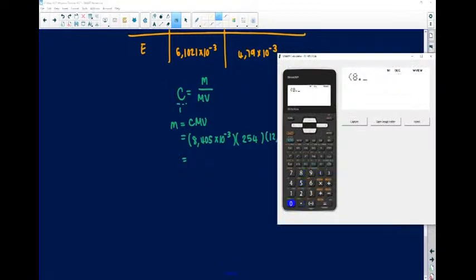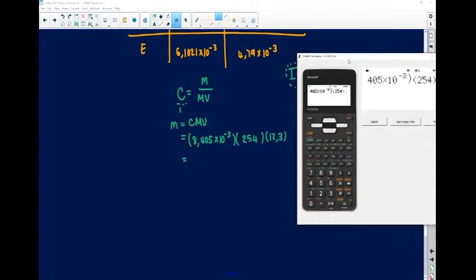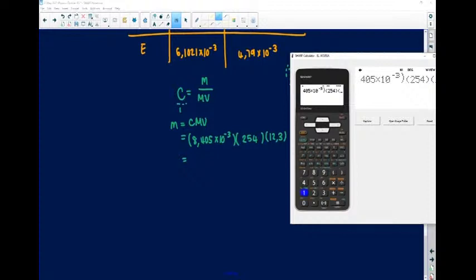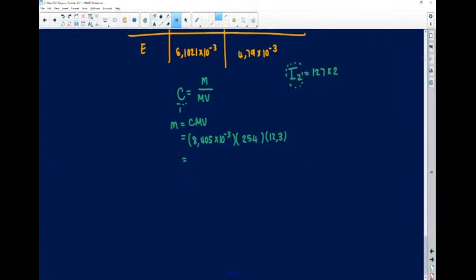I'm going to have 8.405 times 10 to the exponent negative 3, that is the initial concentration, times 254, and I must multiply it by the volume of the container, which is 12.3, equal to, and therefore I get 26.26. The SI unit for M is a small g.